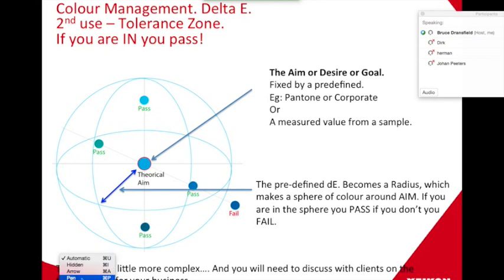But things do get a little bit more complicated. I don't know how well this is being translated onto your screen, but if this is our theoretical blue that we are trying to aim for, then this blue looks pretty good to me, and this blue does too, and this is looking good, but this is greeny blue, and for me is still the wrong colour.